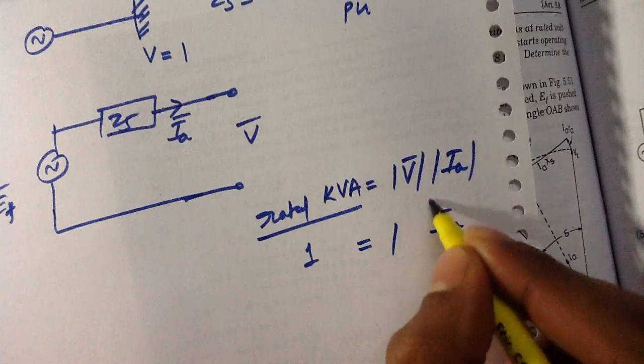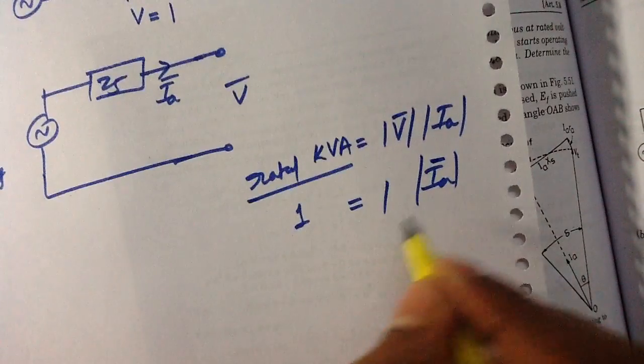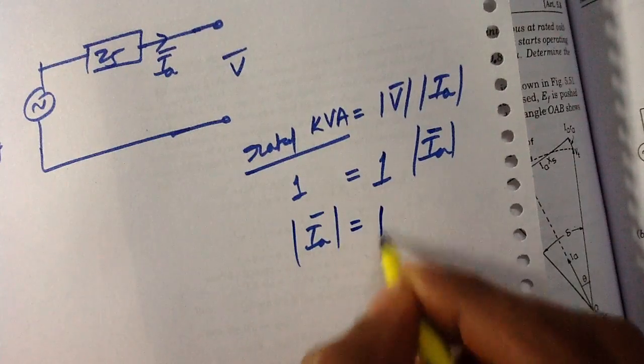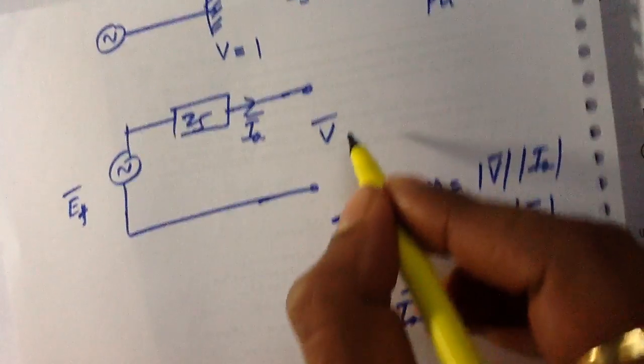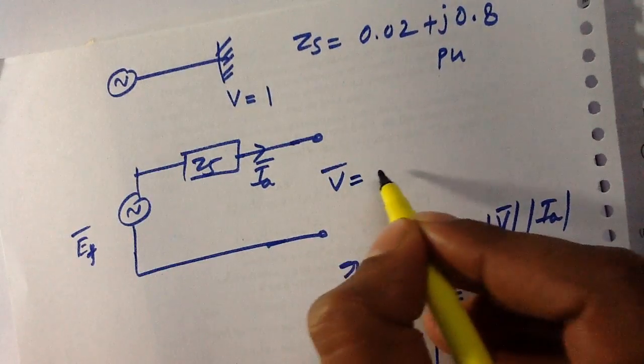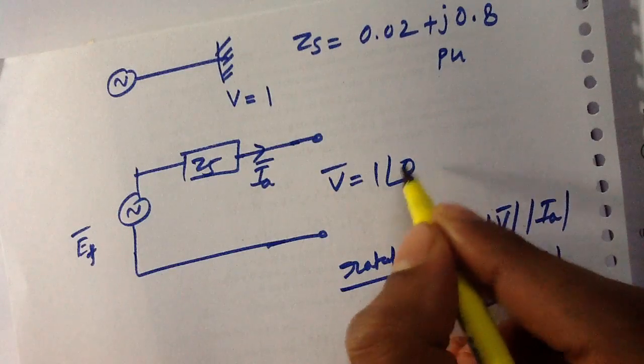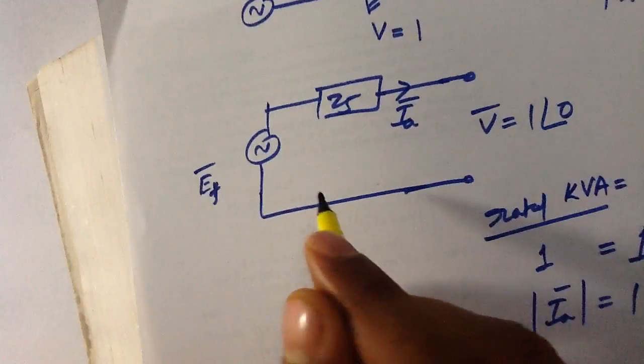So you can find out the value of current. The magnitude of the current will be 1. Always the terminal voltage is taken as the reference voltage. For the reference I am writing angle 0.